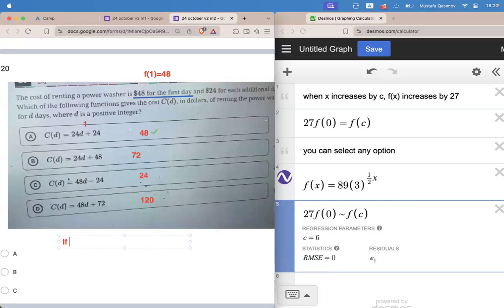If you get 48, then check f of 2 is equal to 48 plus 24, 72.